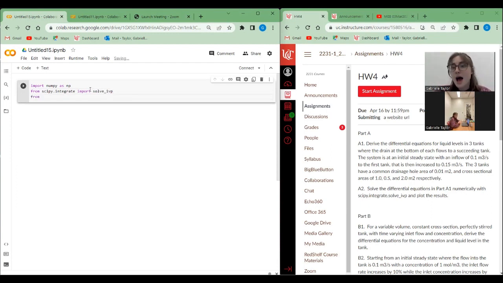Next, after we solve for our differential change in heights of our 3 tanks, we're going to want to graph them. So from plotly, we're going to import make_subplots.